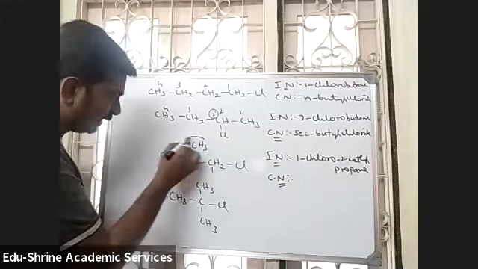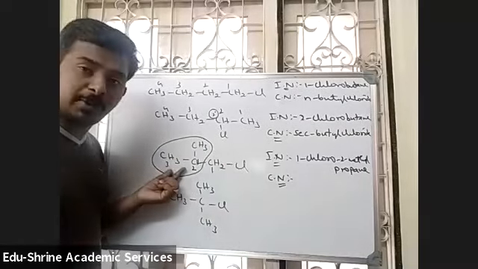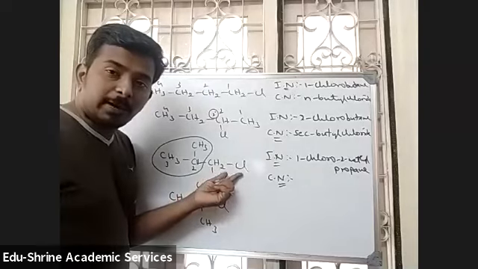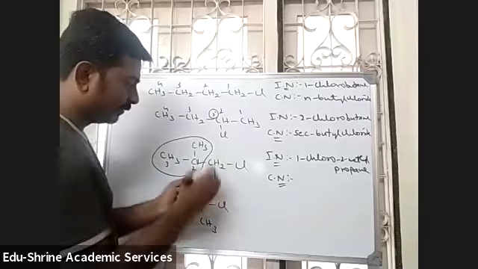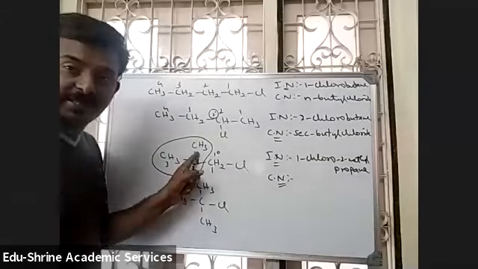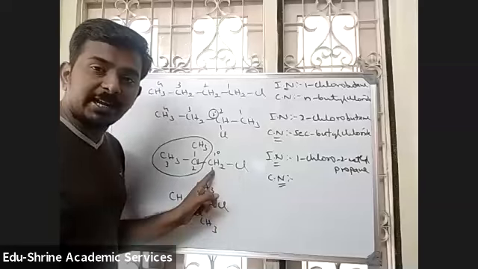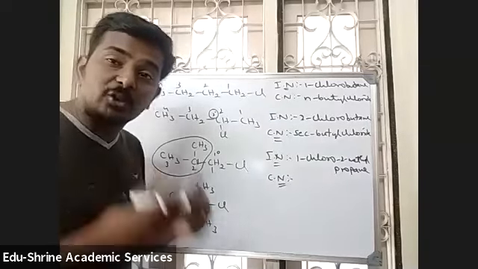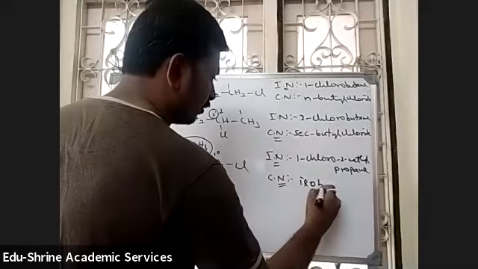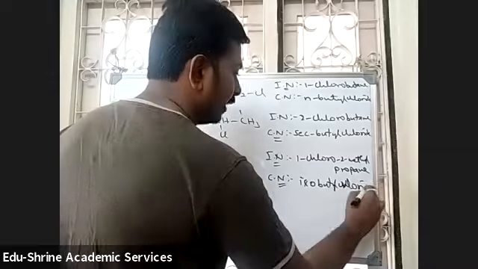Whenever you have this CH3-CH-CH3 group at the terminal, and any group is attached to the primary carbon atom, it is said to be iso. So here it is isobutyl chloride.